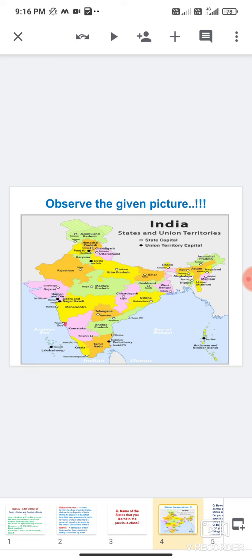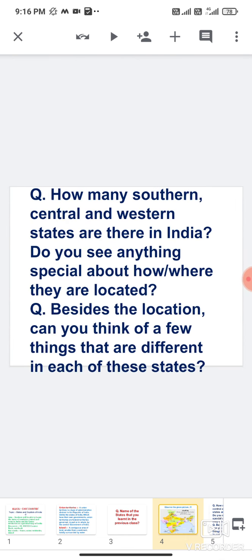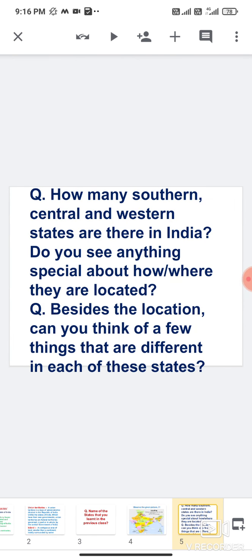Alright, so I'll just ask you some questions. How many southern, central, and western states are there in India? Do you see anything special about where they are located? Question 1 is, how many southern, central, and western states are there in India?